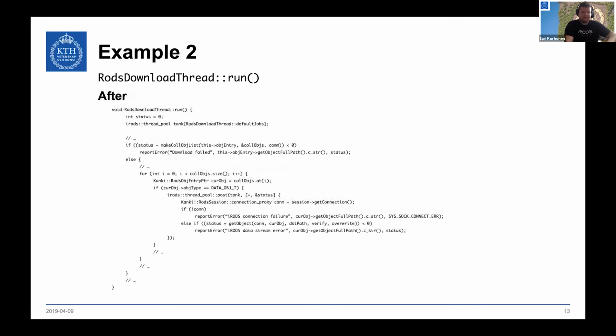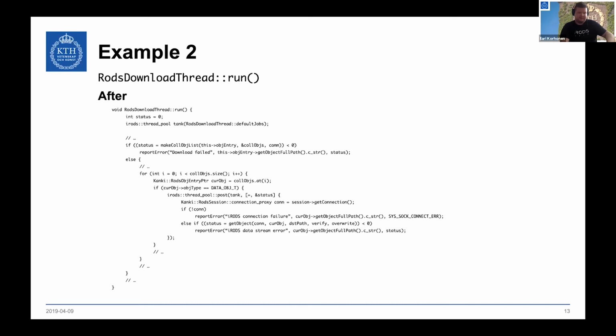But in the later version, each download thread actually creates more threads. Each download manager thread owns a thread pool. And after it has the list, it basically starts instantiating lambda functions for each data object.